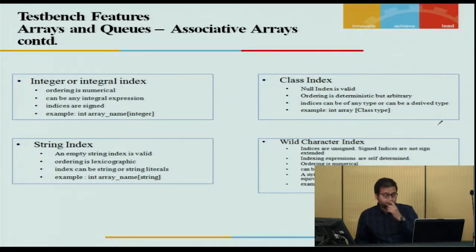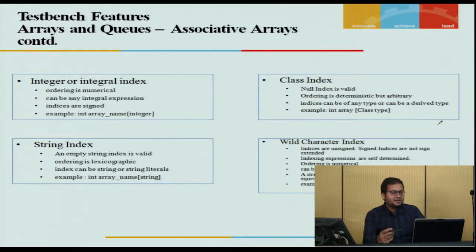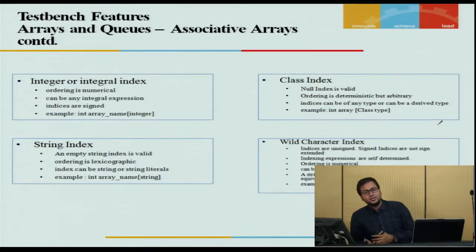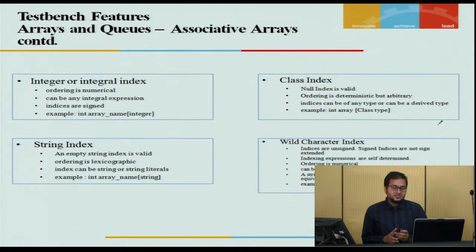Okay, so in the case of integer index, associative arrays can have an integer or integral index, and the ordering is numerical. It can be any integer expression, like a multiplication of two indices, or an addition of two indices, whatever is required. But indices are signed here, and that is to be taken care of.